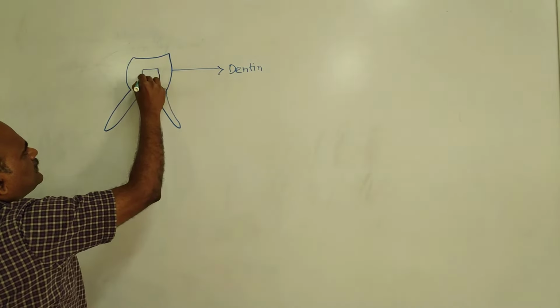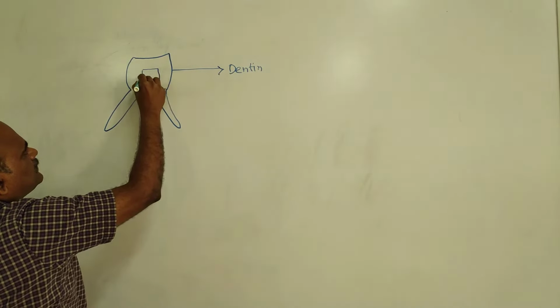This is the crown part, which is lying generally over the gums. Then the small part covered by the gums is the neck, whereas the part embedded in the jaw is the root portion. So, crown, neck, root.